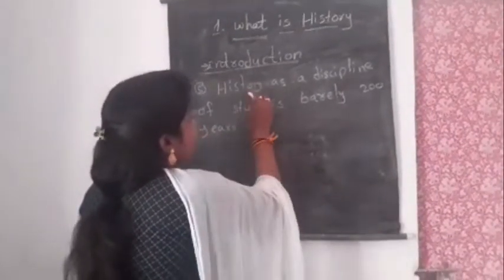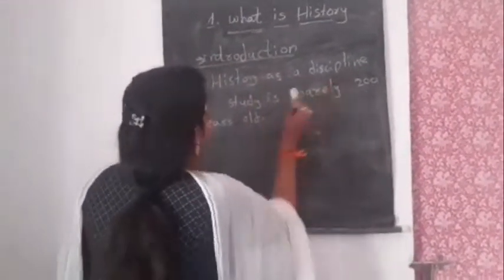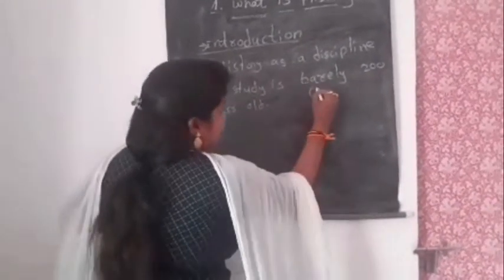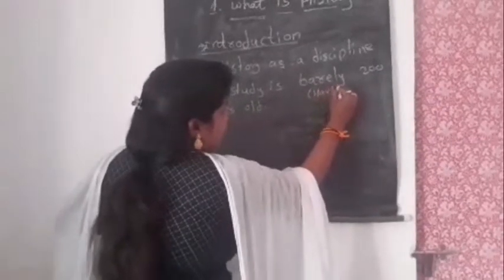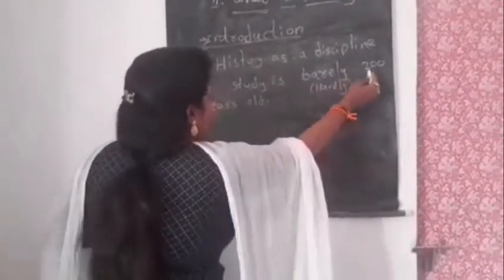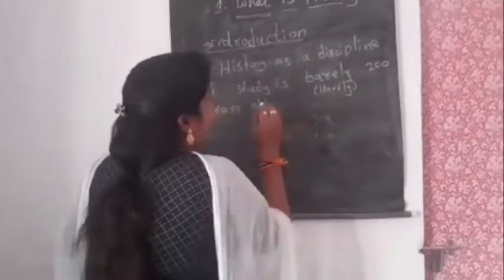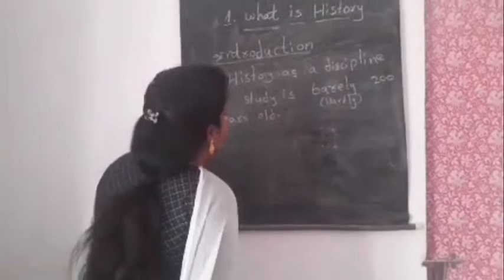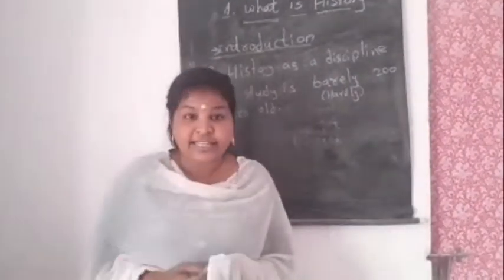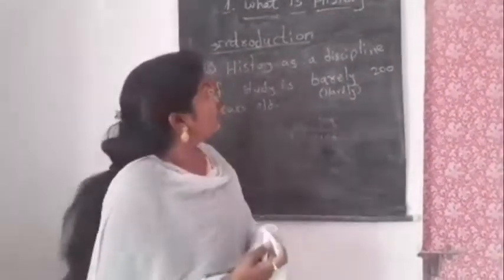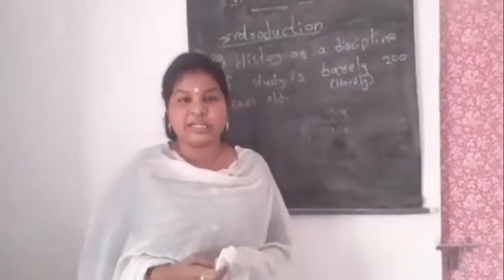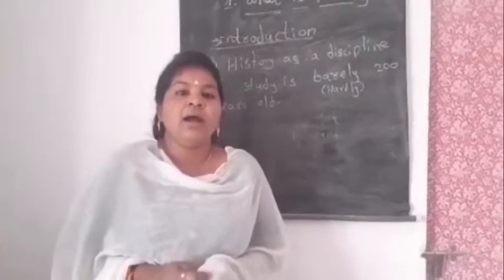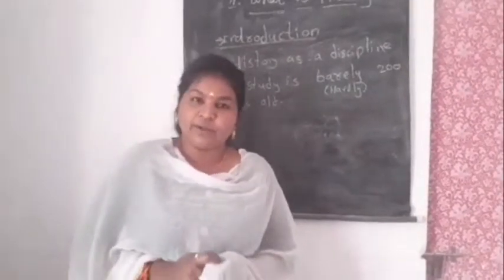My dears, fifth point, history as a discipline of study is barely, means hardly, how many years? 200 years old. These five points are the basics of what is history, our first chapter, introduction. Okay, my dear. Now we are discussing the second subtopic.